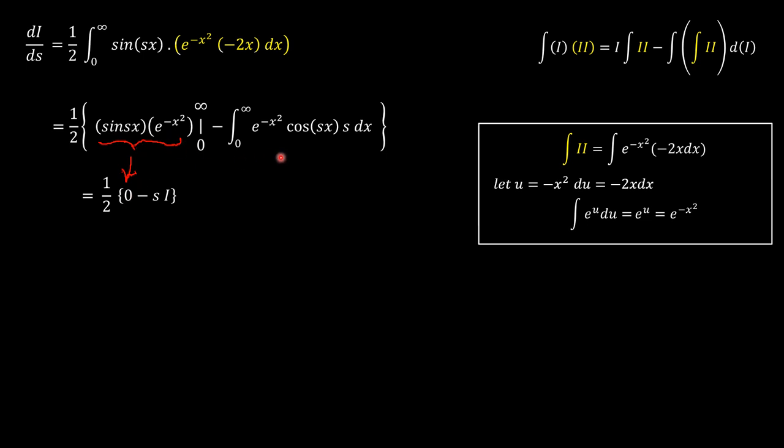And in this integral, I can easily observe that this is nothing but s into the Fourier cosine transform of the function f of x, which I have chosen as I. So the above equation reduces to the form dI/ds is equal to minus s/2 into I. By variable separation, dI/I is equal to minus s/2 into ds.